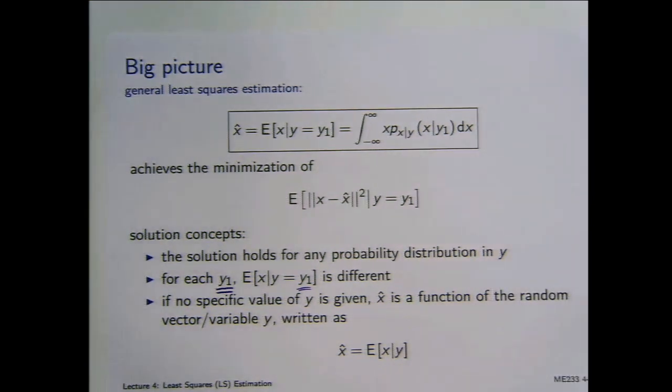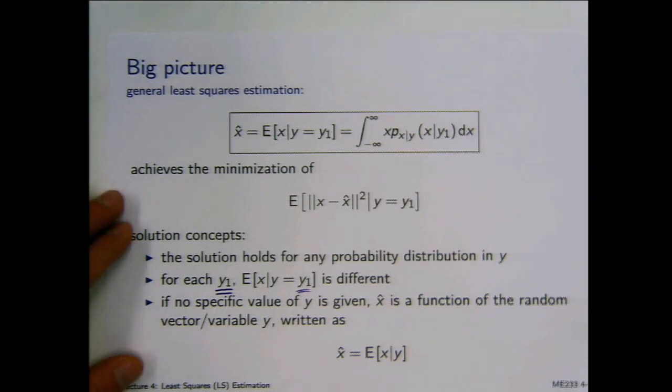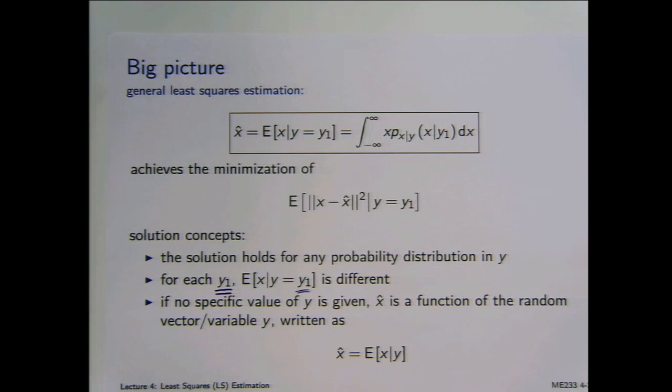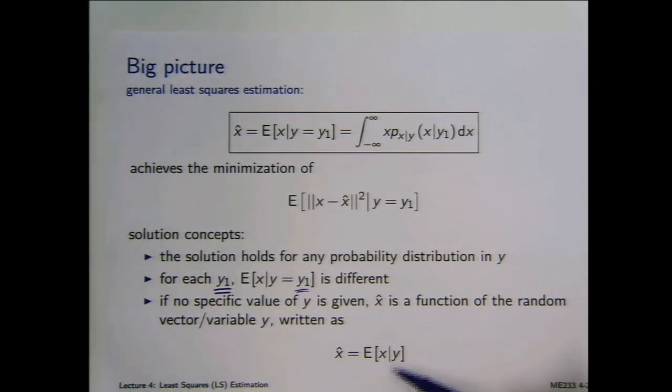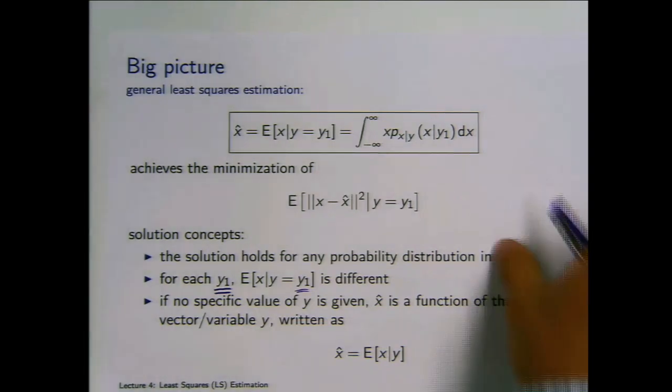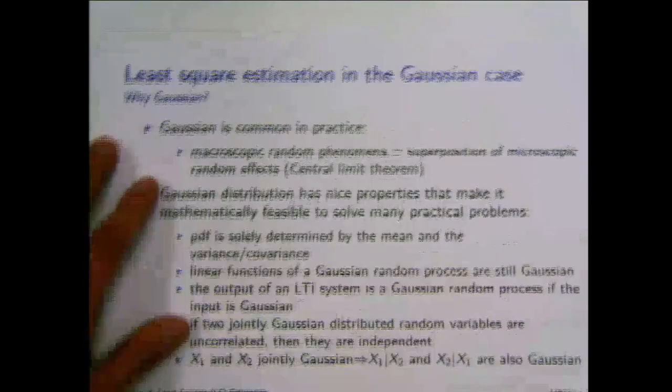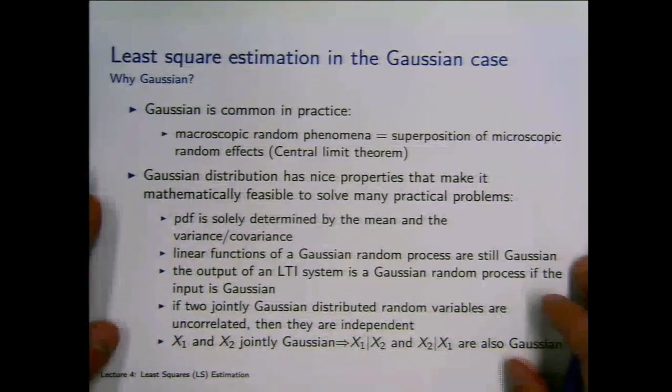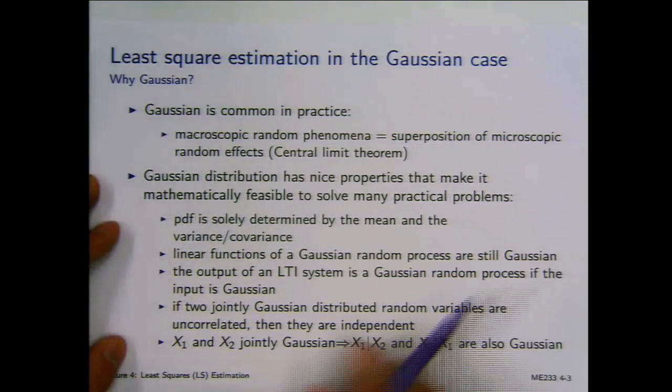Now, in this course, what we will be following in today's lecture is the case where x and y are Gaussian. So I want to briefly summarize why Gaussians are important before we discuss the detailed mathematics.